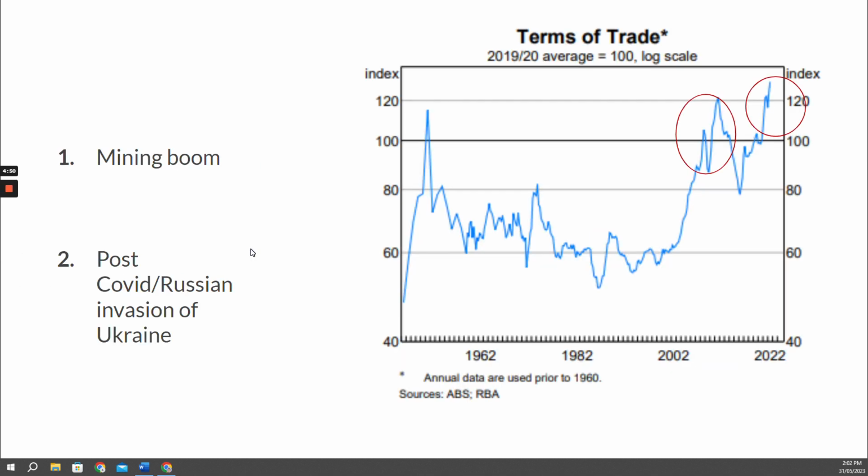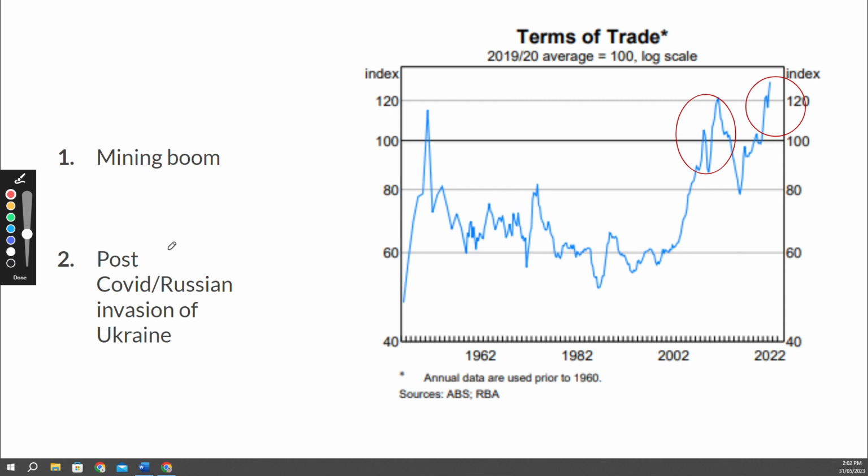Just to look at a little bit of the history of the terms of trade in Australia, we had two big booms in the terms of trade. One was the mining boom over sort of 2004 to 2012, and you can see terms of trade has increased all the way up to 120, which is basically reflecting an increase in commodity prices.